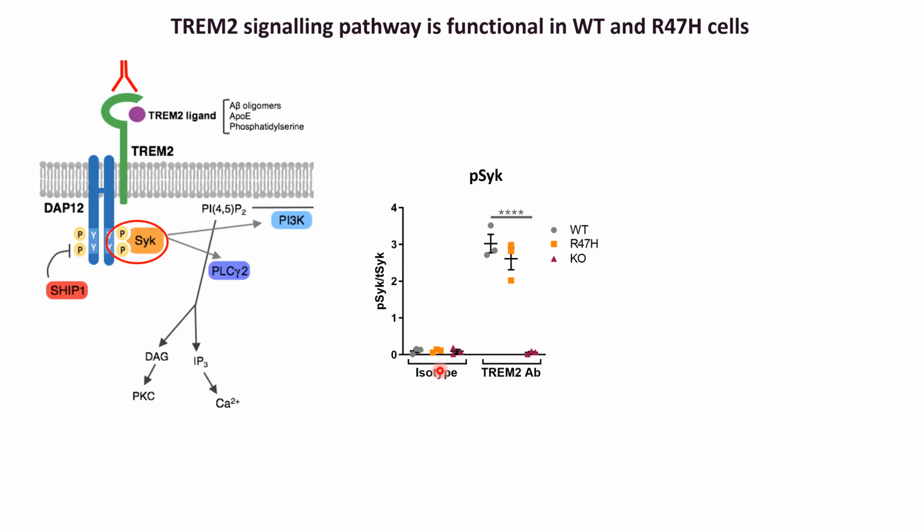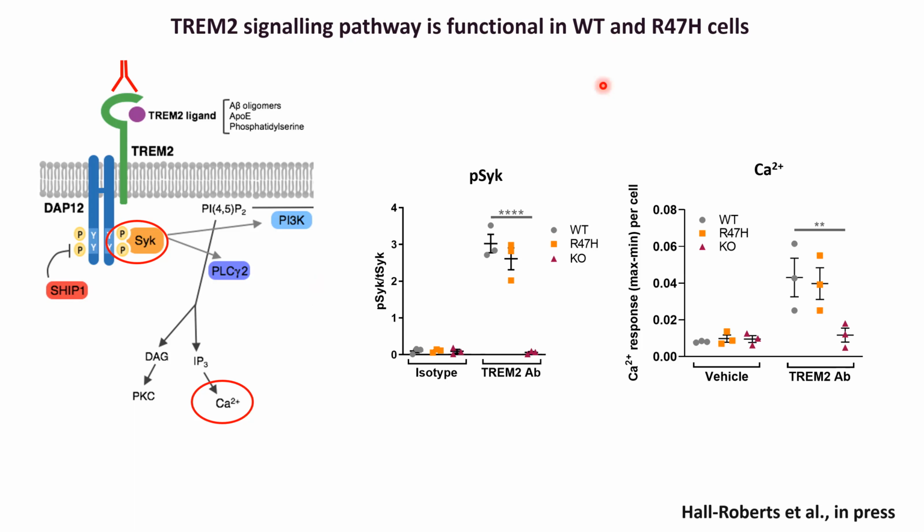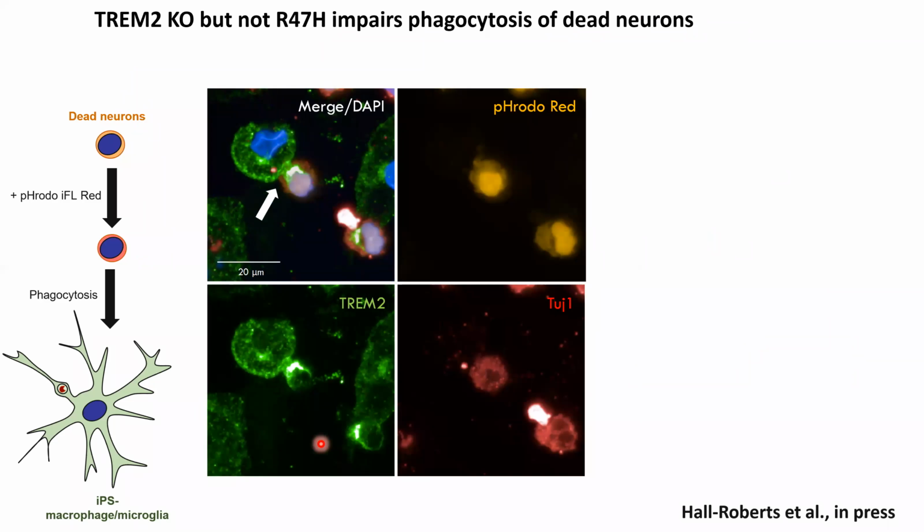This is an isotype control antibody that will not activate TREM2. And then further downstream, we can look at the calcium response of the cells, and this too is intact in our cells. So the whole TREM2 pathway is intact in these cells, which makes it a relevant model.